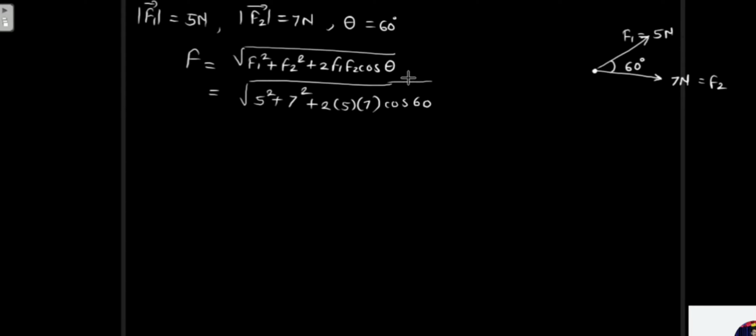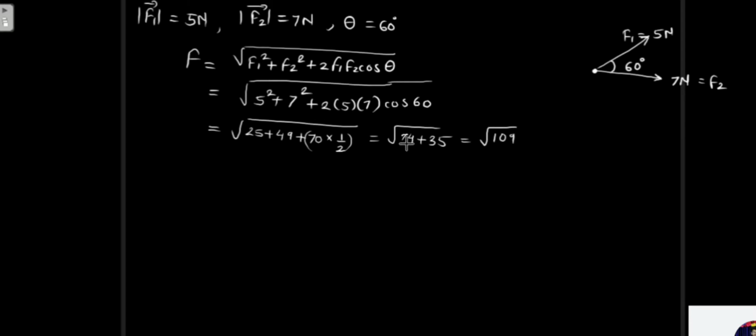Just substitute. So we'll get root of 25 plus 49 plus 70 multiplied by cos of 60, which is half. That is going to be root of 74 plus 35, which is root of 109.